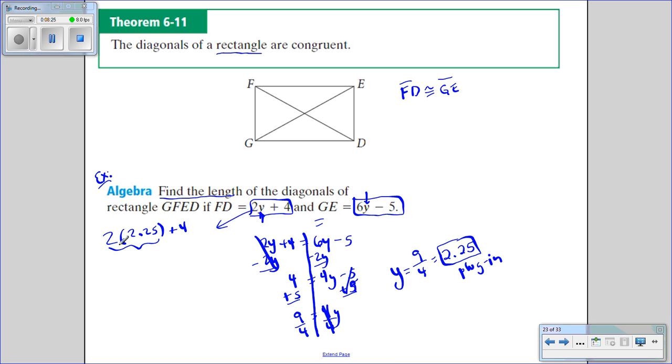I'm going to do that math right there. 2 times 2.25 is 4.5. And then I'm going to add 4 to that, which gives me 8.5 for the lengths. So both diagonals are 8.5 because they're both congruent.